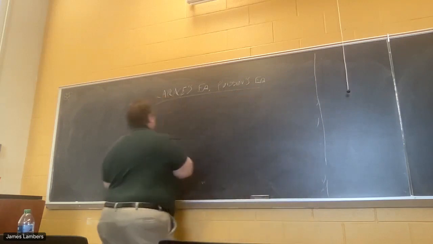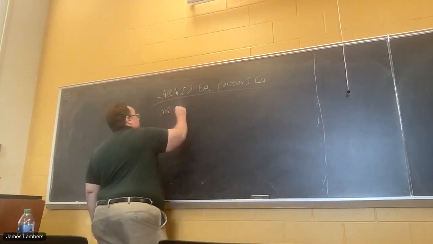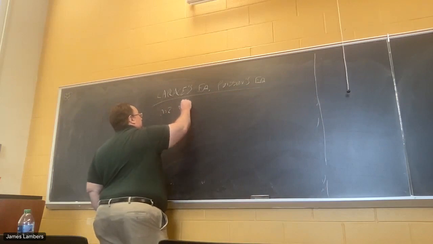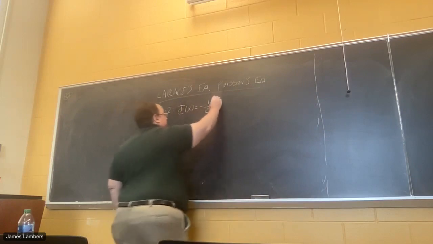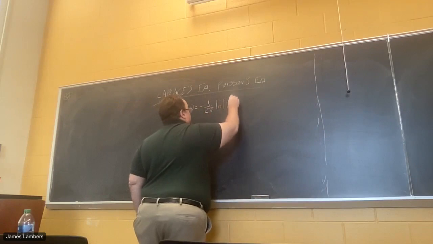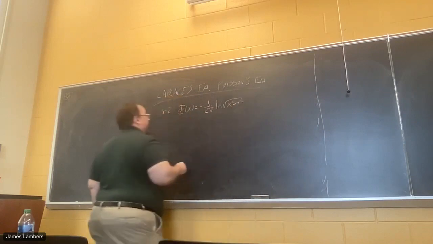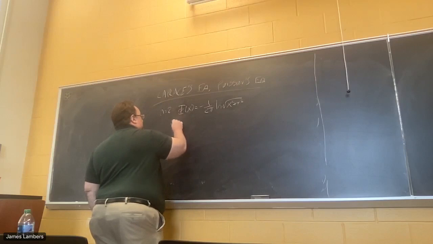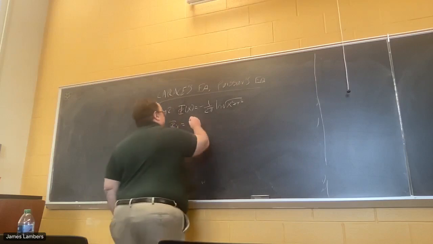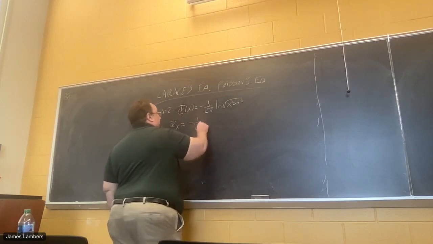So for n equal 2, the fundamental solution is minus 1 over 2 pi natural log of the square root of x squared plus y squared.